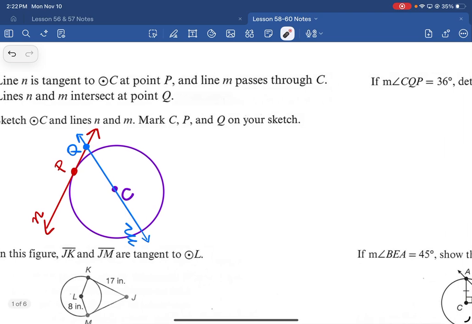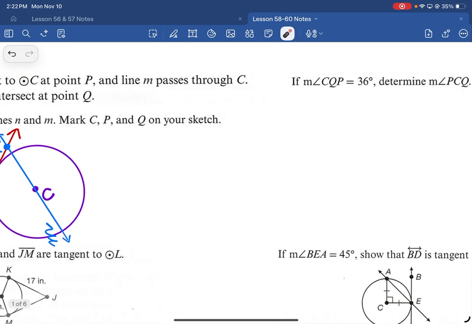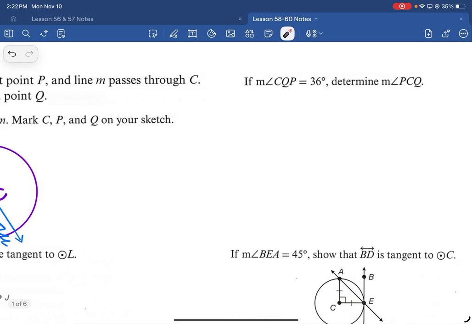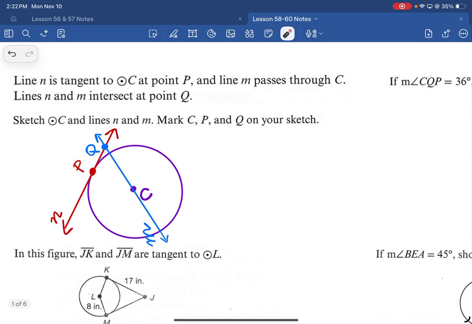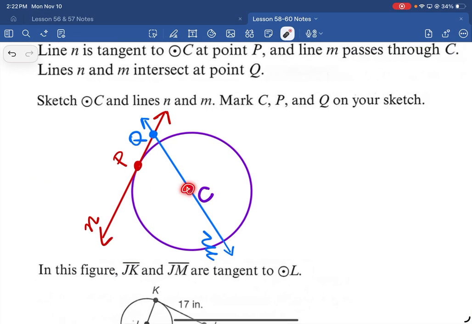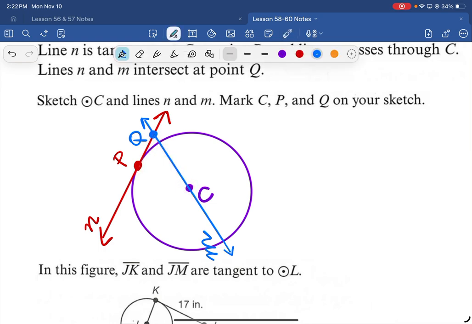Now, this is an extended question over here. It says, if the measure of angle CQP is 36, so let me find that. It says CQP. Okay, let me get a different color out. They're telling me this angle right here is 36 degrees. Mark that on your diagram.